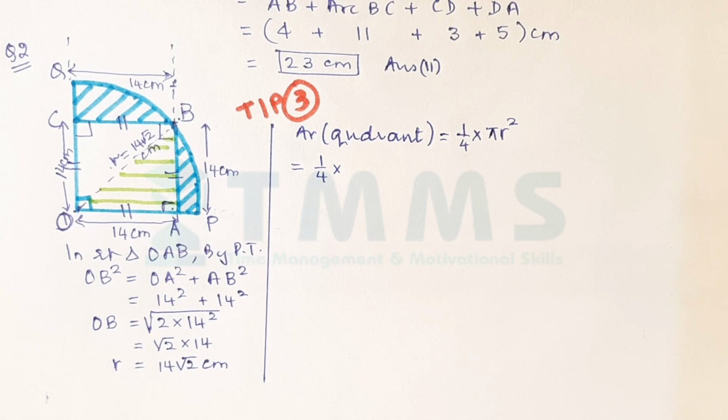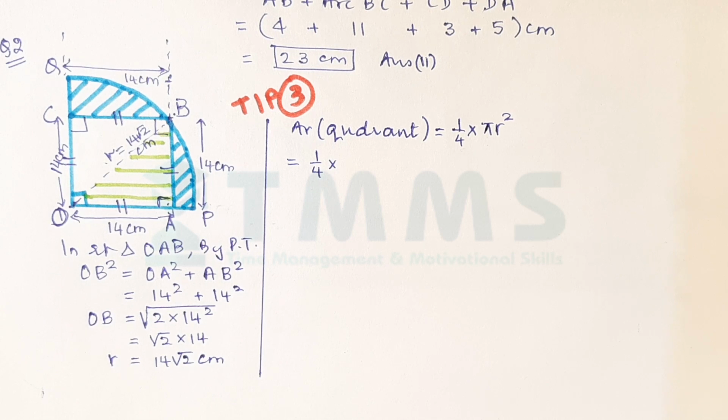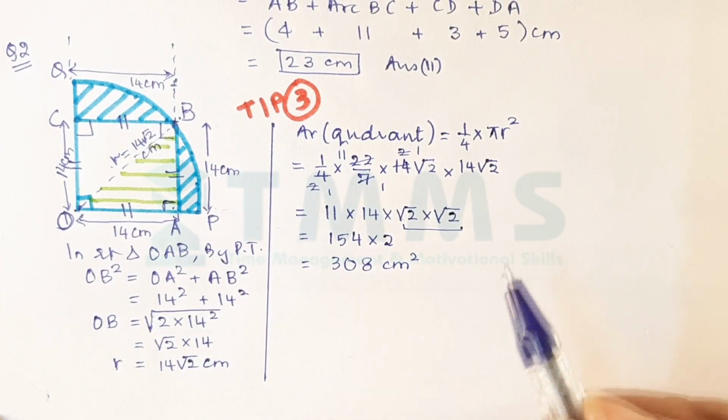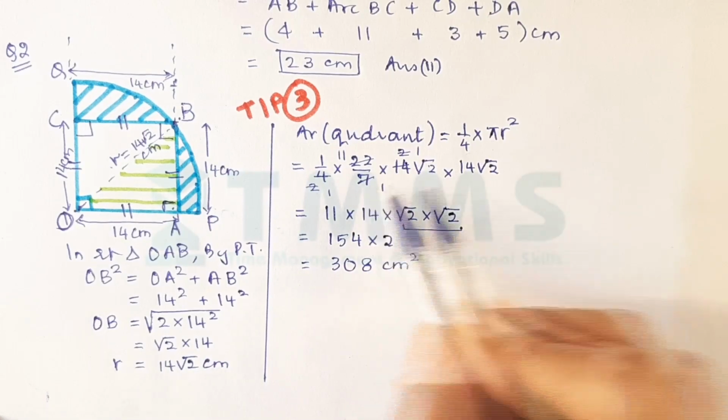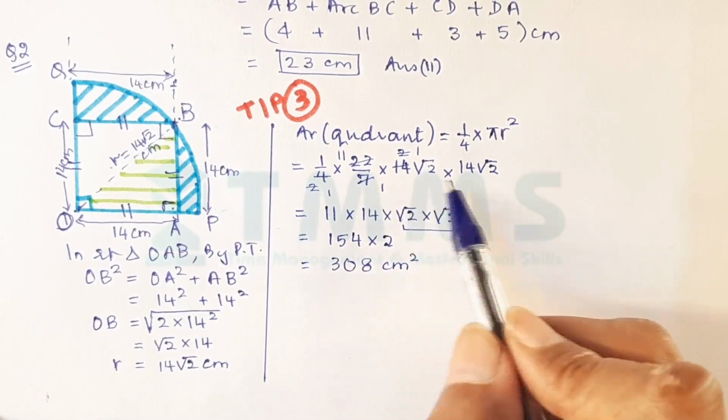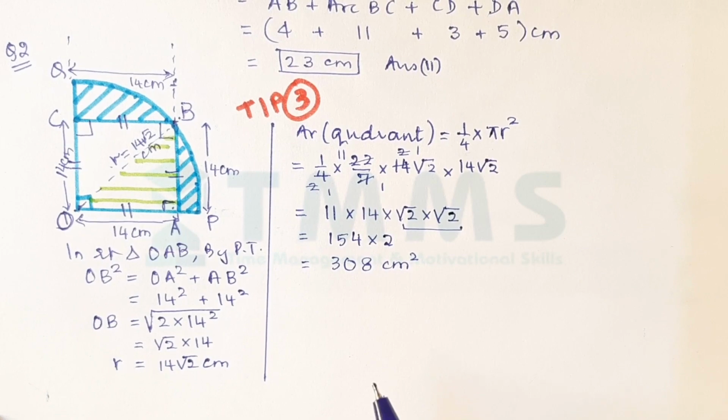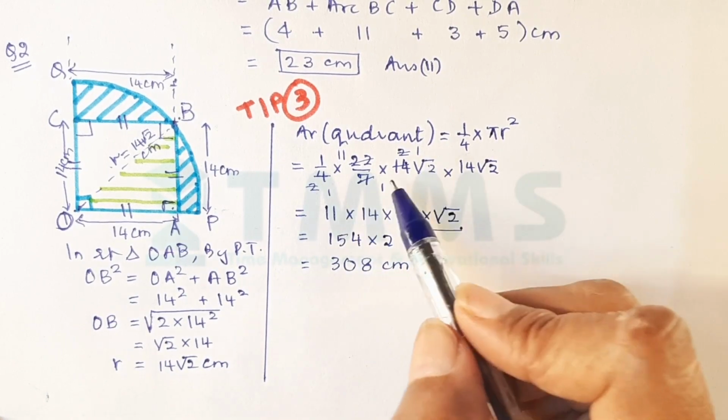Solve this. Check your steps. So you have substituted pi as 22 upon 7, radius as 14 root 2 into 14 root 2. Let us do the cancellation.